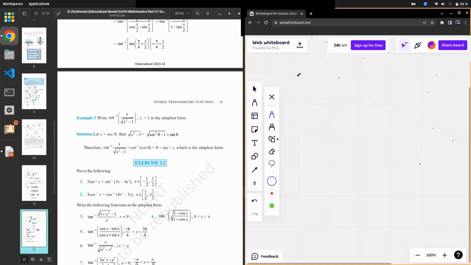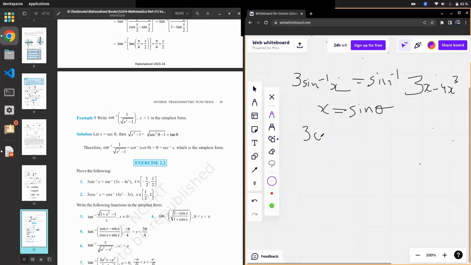So in this problem, we have to show that 3 sine inverse of x is equal to sine inverse of 3x minus 4x cube. Since we know the domain of x, we can substitute x equal to sine theta. Then the left hand side simplifies to 3 theta, since sine inverse of sine theta is equal to theta.